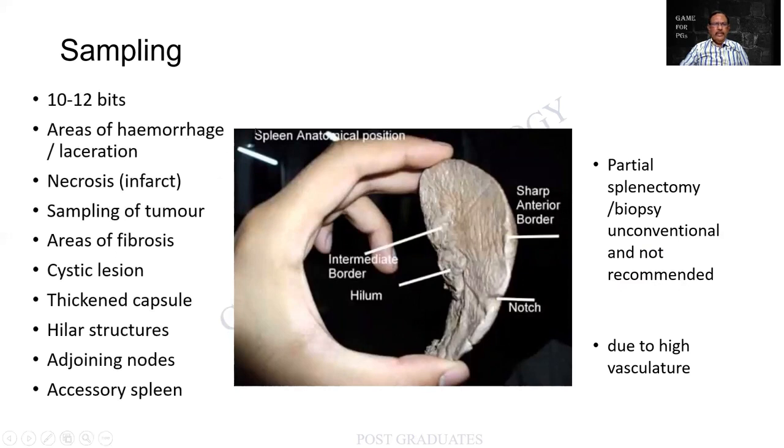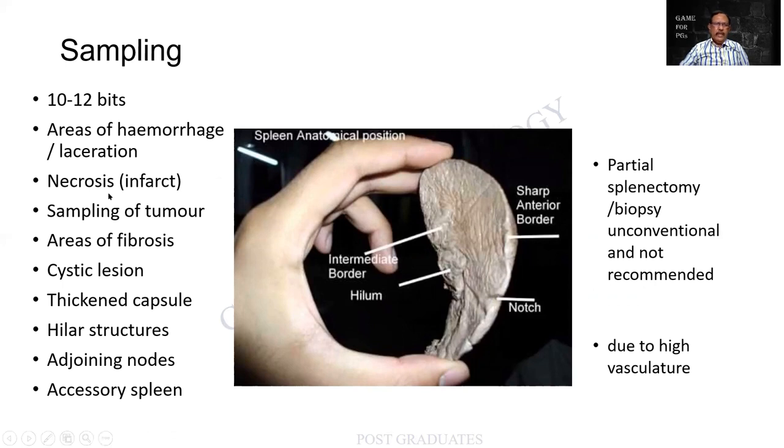And when it comes to the sampling, this is how you should do it. Normally in a spleen, particularly if it is going to be a lymphoma or a tuberculosis or a metastasis, or areas of infarct, etc., 10 to 12 bits are given across the entire cut surface. As mentioned earlier, areas with different kinds of texture or color will have to be sampled.